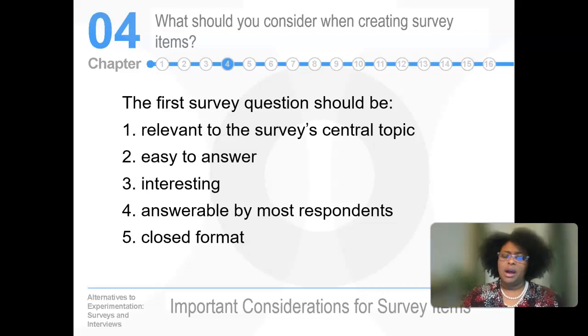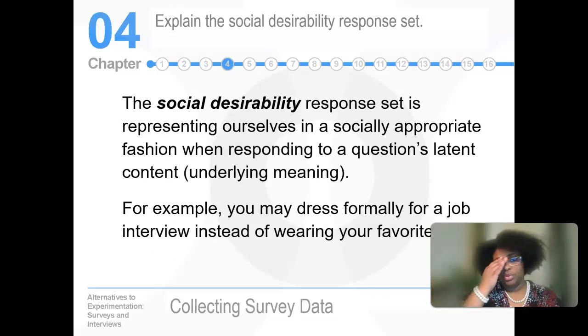If you think it's something that most people may tend to answer, you could even do a pilot survey to see if people would be responsive to answering particular questions. And then you want to have a closed format so that you can get some straightforward answers as opposed to roundabout, broad answers to those questions.